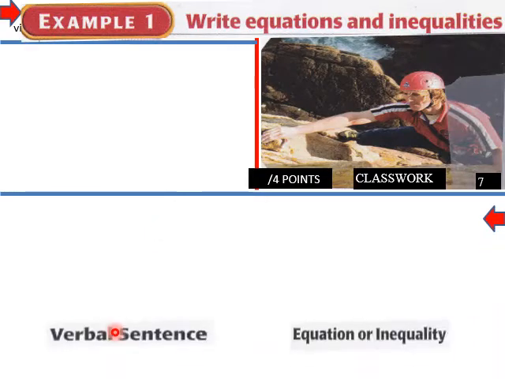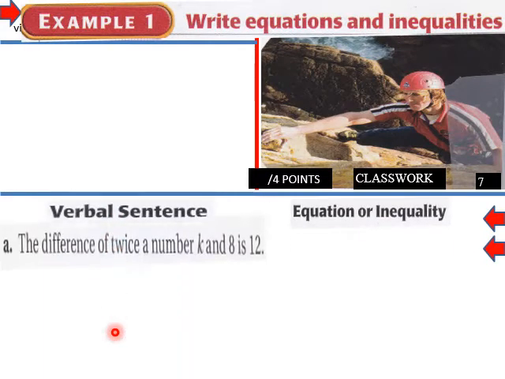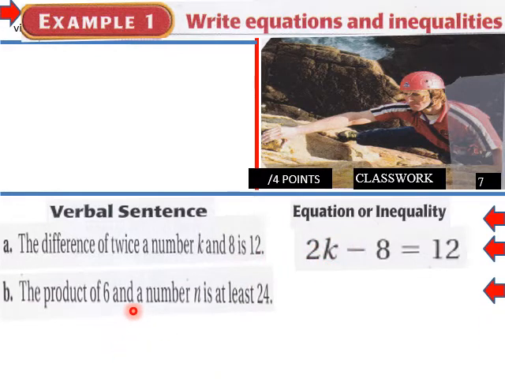Okay, example 1 here, write equations and inequalities. Verbal sentence: the difference of twice the number k and 8 is 12. What would that look like here? The difference of twice the number k and 8 would be 12. And the product of 6 and number n is at least 24. So this would be at least, it would not be just greater than, because it has this equal sign.